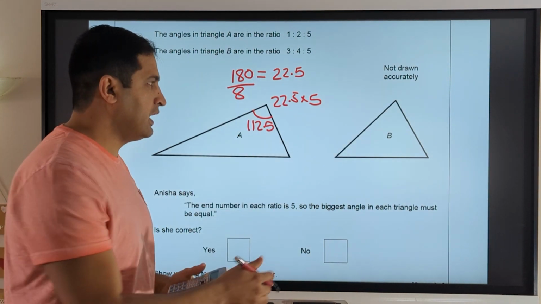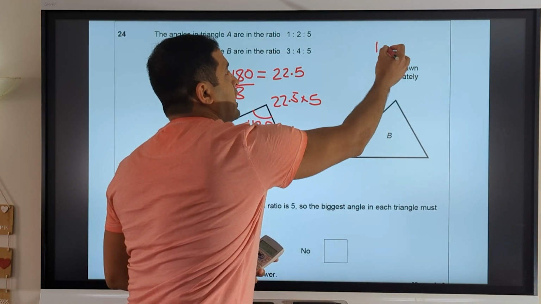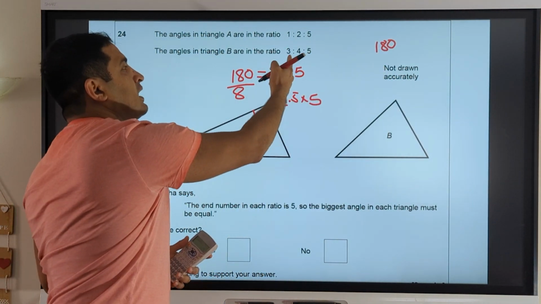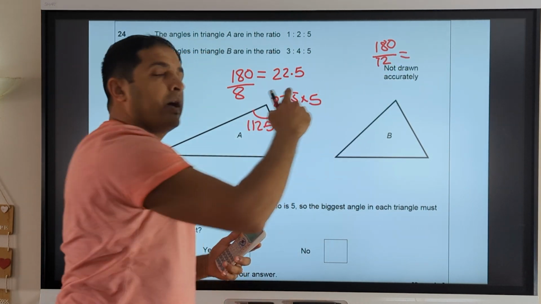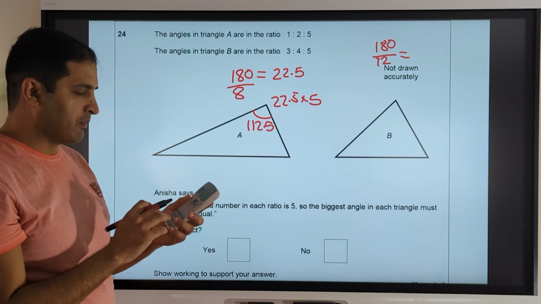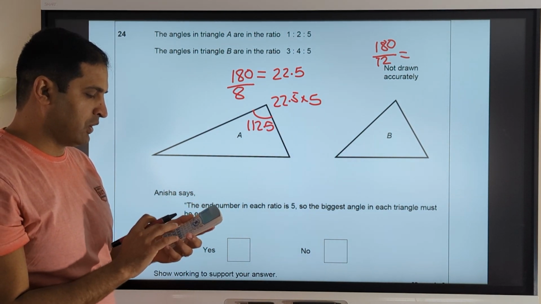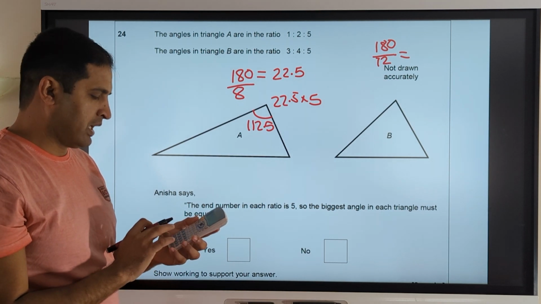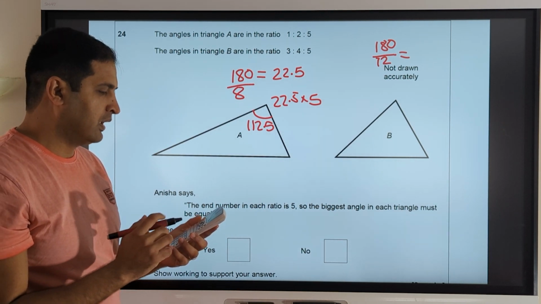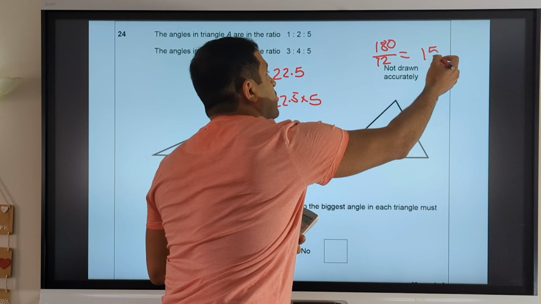Whereas the triangle B, again, the angles add up to 180, and the ratio here adds up to 12. So we can work out what one part is, and then we compare that one part with 5. So he's doing 180 divided by 12. So that's 15. The one small part is 15.